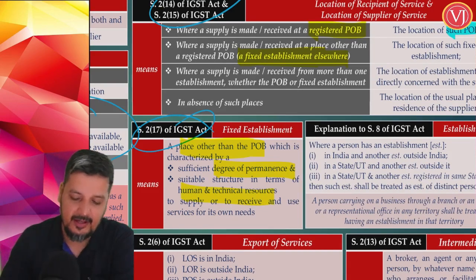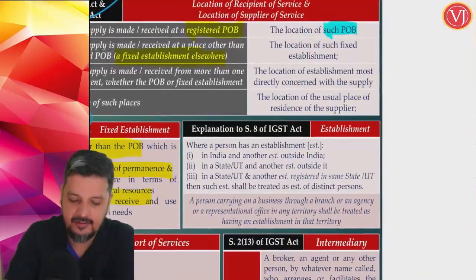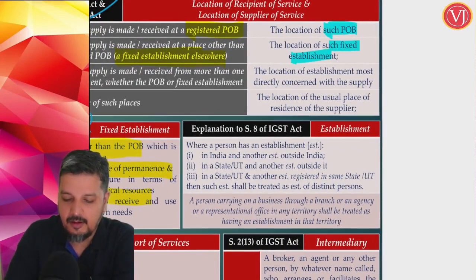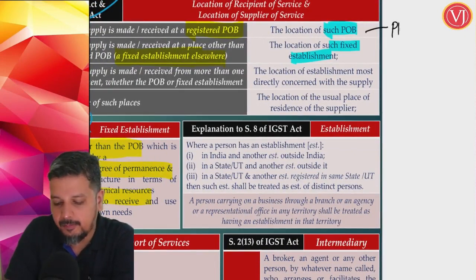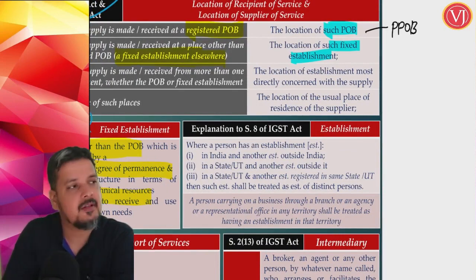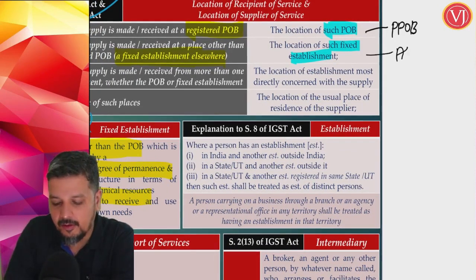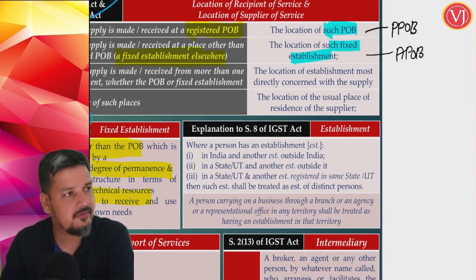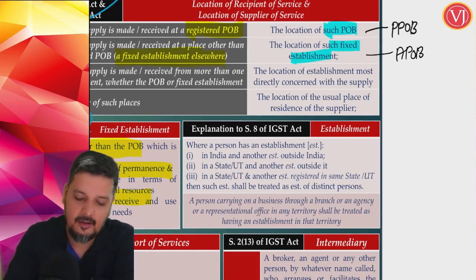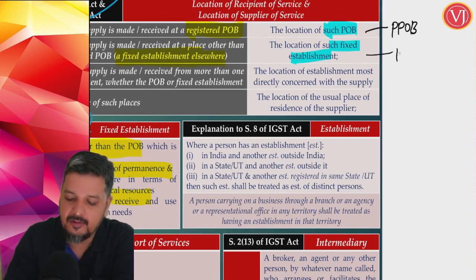In the CGST Act, this place of business is actually called the principal place of business, and this fixed establishment is actually called the additional place of business. Now, why don't you use these terms?